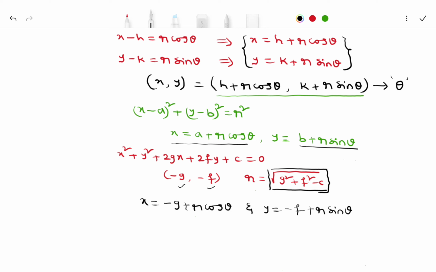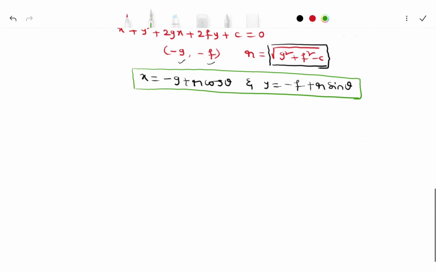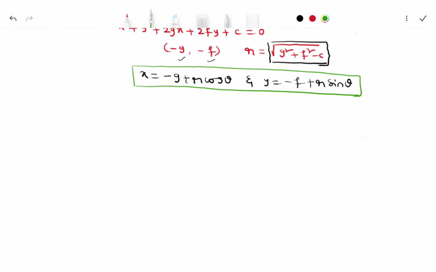So these are the parametric equations of the circle x squared plus y squared plus 2gx plus 2fy plus c equals 0. Now, if you know the parametric equations, you can write the parametric point also. Now we will see an example by taking a circle equation.